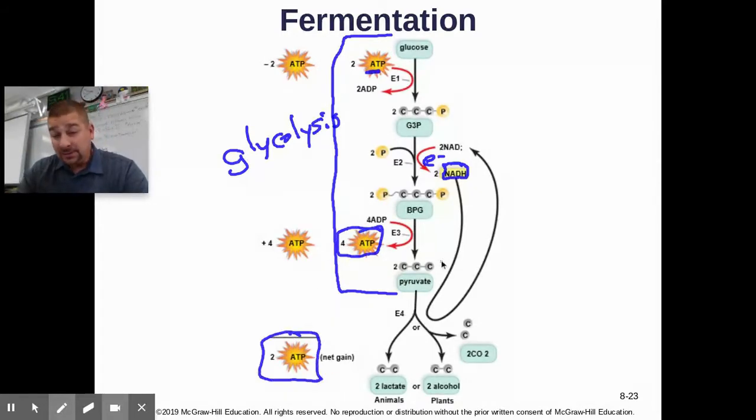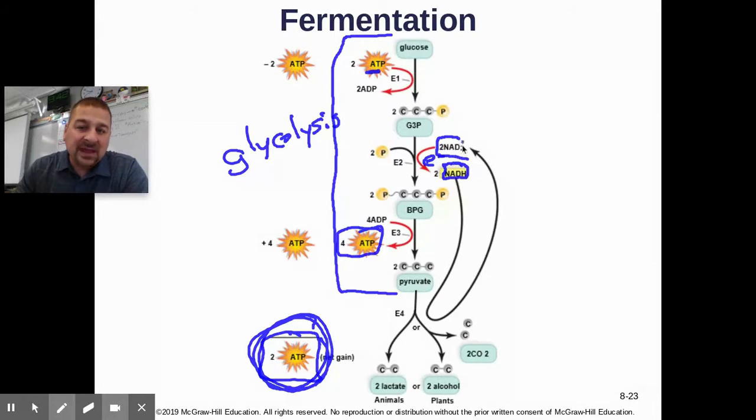The cell can keep going through glycolysis and gaining 2 ATPs, so it's getting a little bit of energy even though there's not oxygen present. The problem is this process can only happen if you have NAD plus, free electron dump trucks freed up to pick up the electrons.